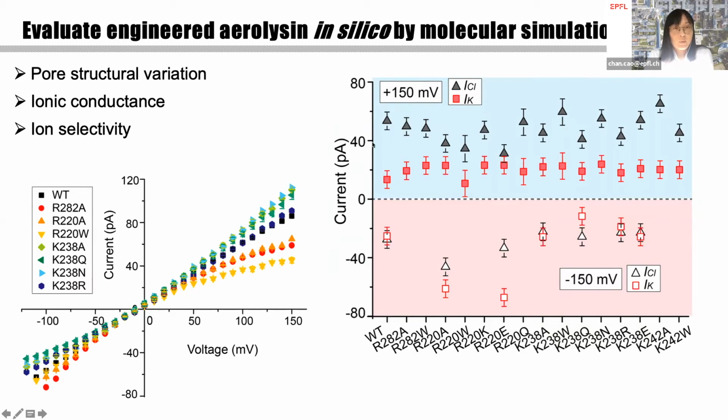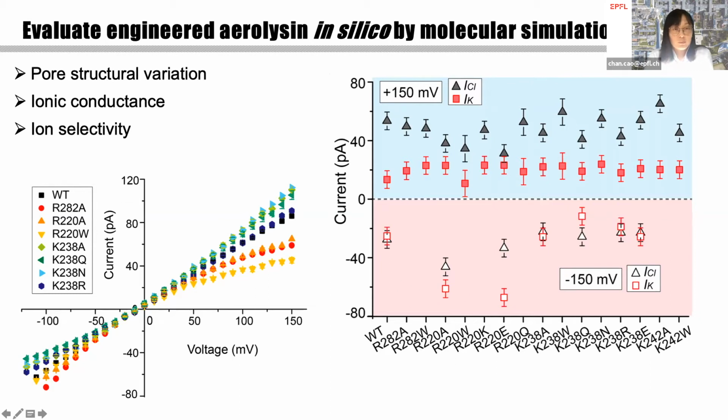At positive voltage, you see clearly all of the current is dominated by the chloride current rather than potassium. So for 220A, which we're interested in, it loses a lot of chloride current. Although it increases slightly for the potassium current, the chloride current dominates the total current here.